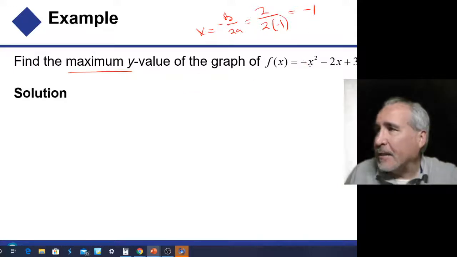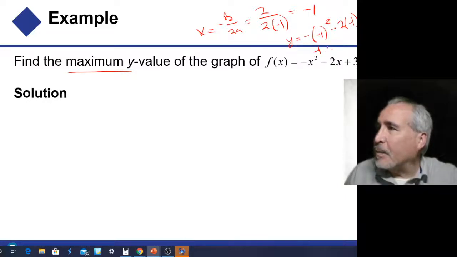Let's plug that in to get the y value: plug in -1 for x, minus 2 times -1 plus 3. -1 squared is +1, then you stick the negative on, so you get -1.